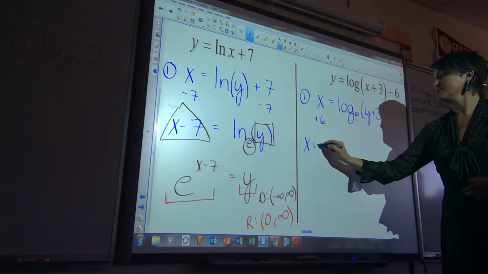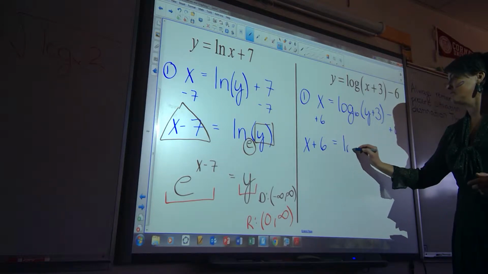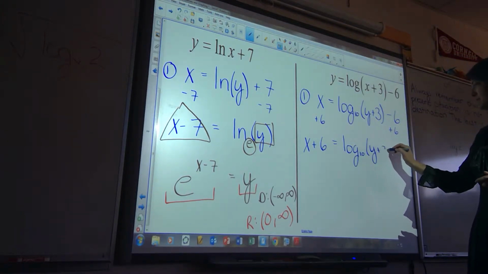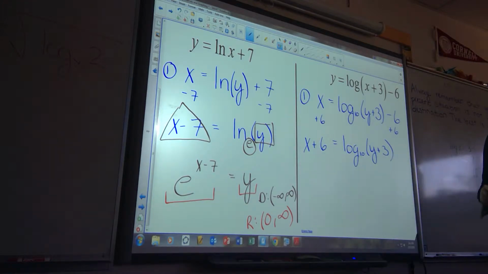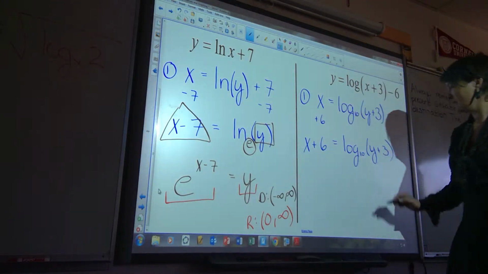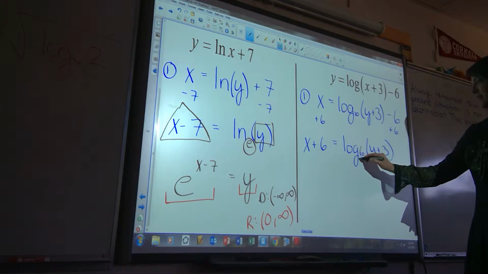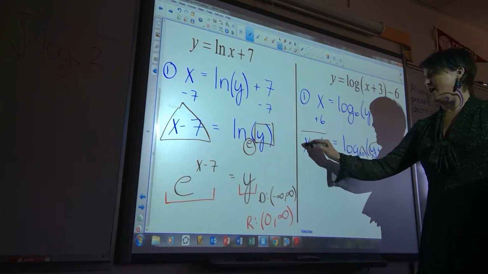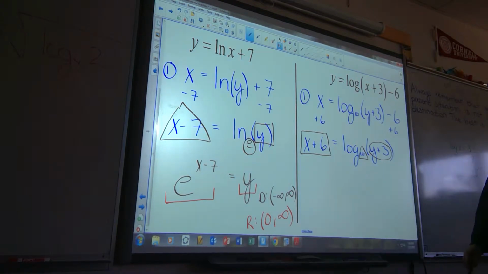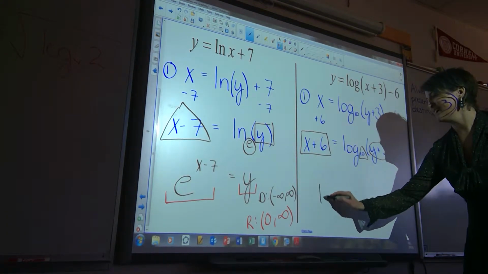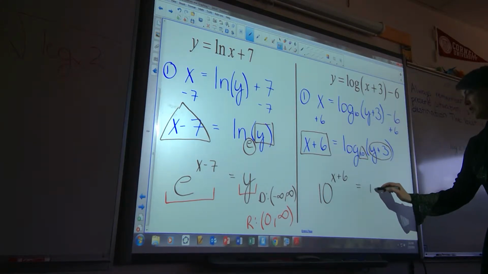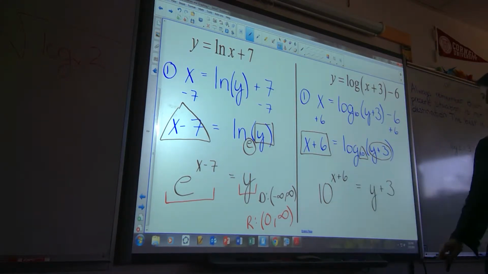So we've got x plus 6 is equal to log base 10 of y plus 3. And then here are my 3 pieces. I've got the 10, the y plus 3, and the x plus 6. So rewrite them, and it becomes 10 to the x plus 6 is equal to y plus 3.